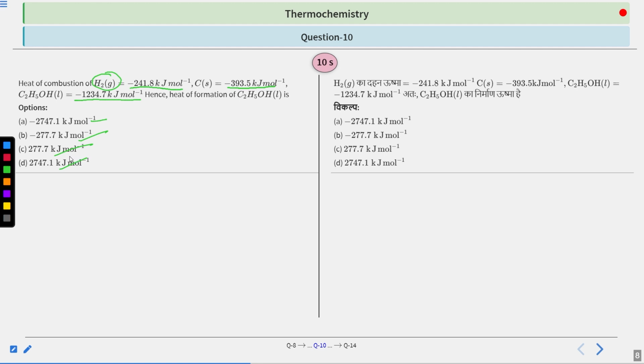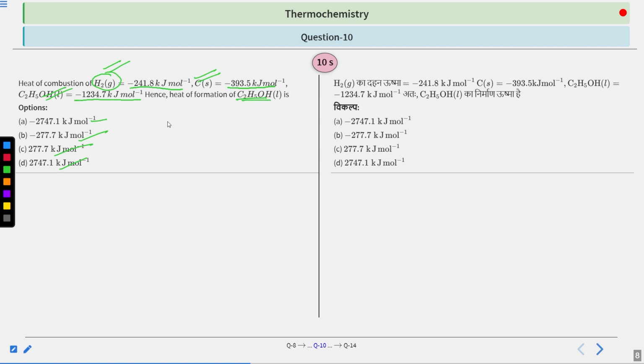The hint for this question is that your combustion equations are given. Write the combustion equation very neatly. Use these three thermochemical equations to get the heat of formation. So how will we get the heat of formation? On the reactant side, you will write carbon in solid, hydrogen in the gaseous form, and oxygen in the gaseous form, O2, and you will add all of this, and on the product side write this thing.